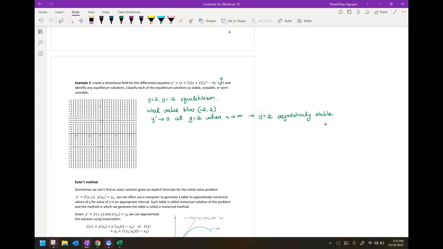Well, what happens if the initial value for y is greater than 2?